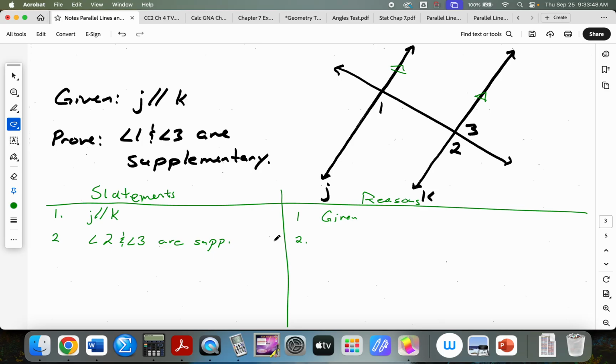The question becomes, well, how do I know that those two are supplementary? They're a linear pair. This is the linear pair theorem.